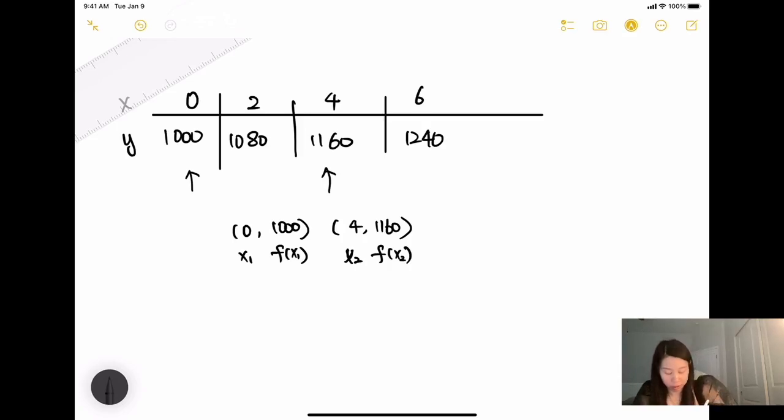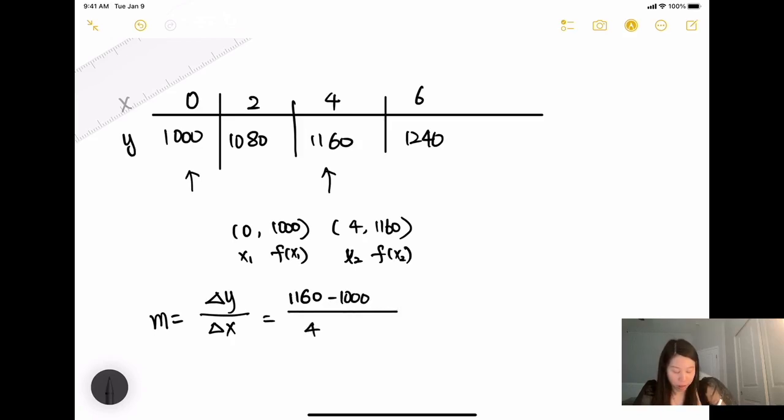Okay, so we substitute in, we have m equals the change in y over the change in x. So the change in y, I have 1160 minus 1000 over 4 minus 0. So I have 160 over 4. So the slope is equal to 40.